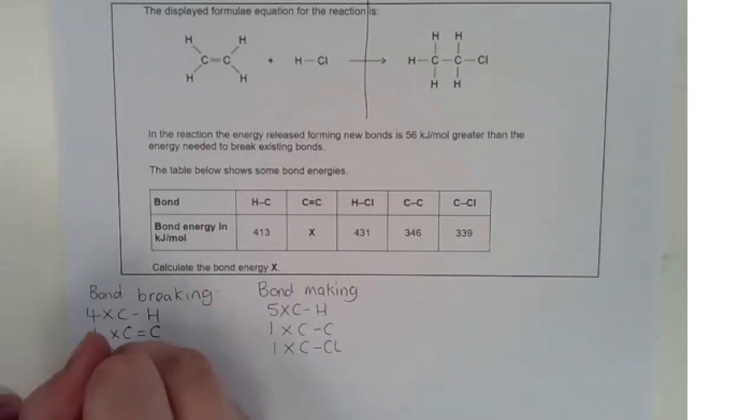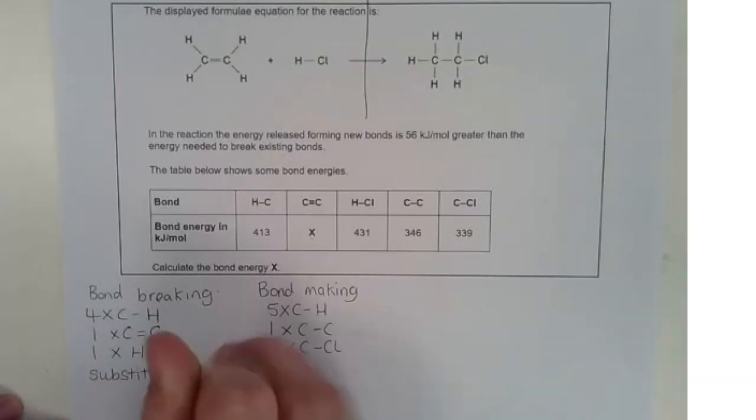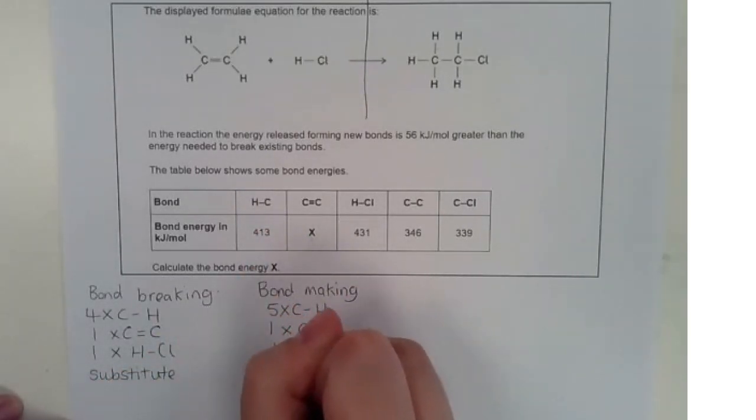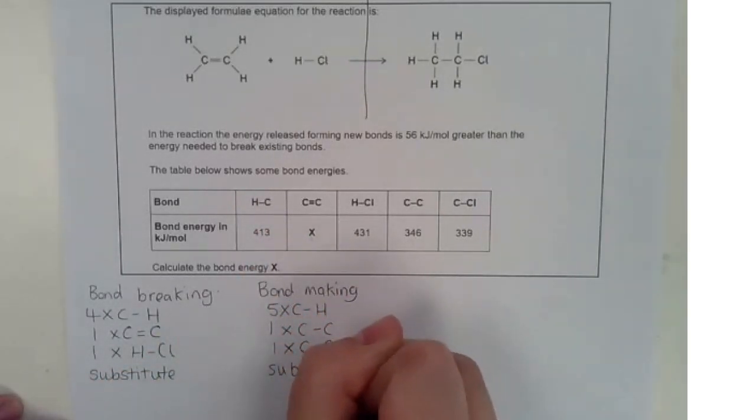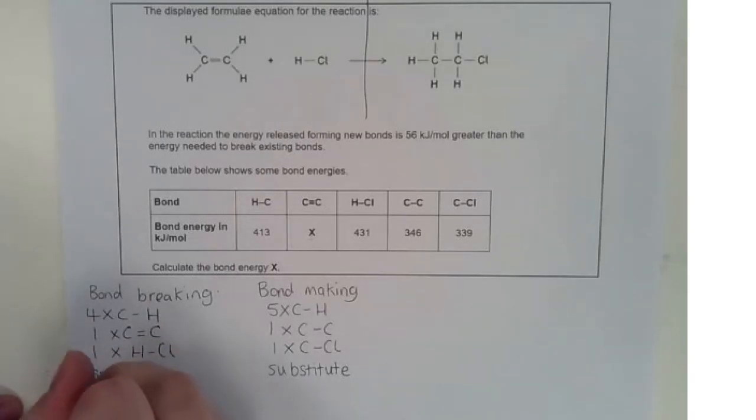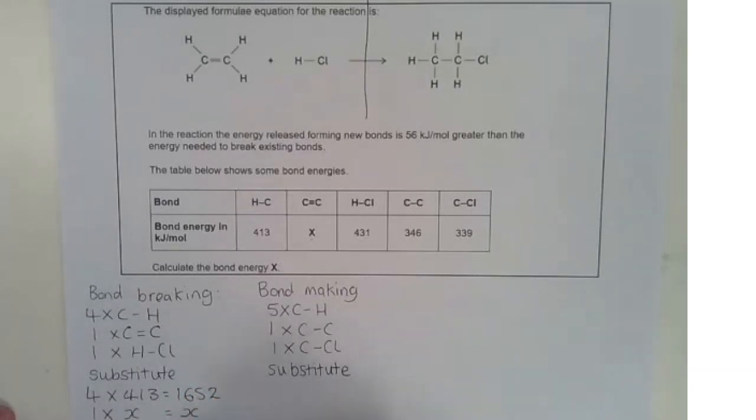I'm then going to substitute in the bond energies from the table above, which in this case will give me 4 times 413, which equals 1,652. I've got 1 times x, which gives me X. And I've got 1 times 431, which equals 431.